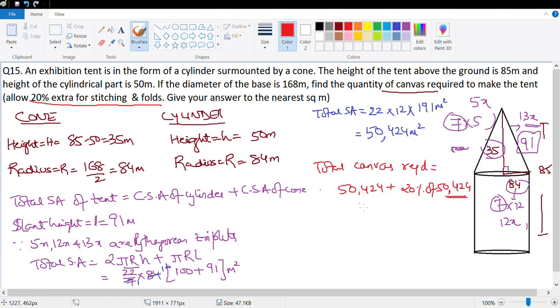So that calculation you can do. The answer you will get would be 60,508.8 meter square. The question says calculate it to the nearest square meter, which means this would be 60,509 meter square.